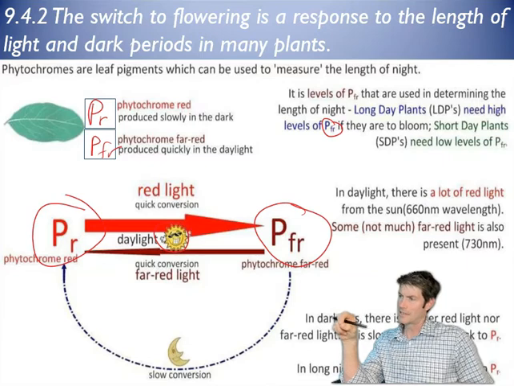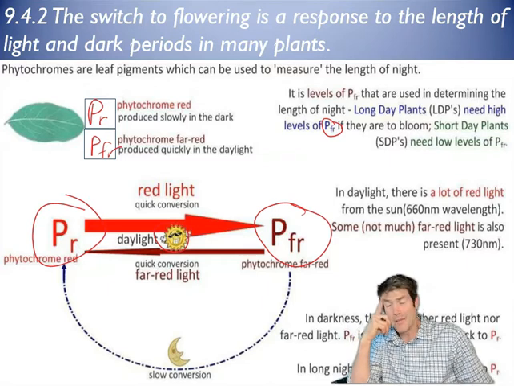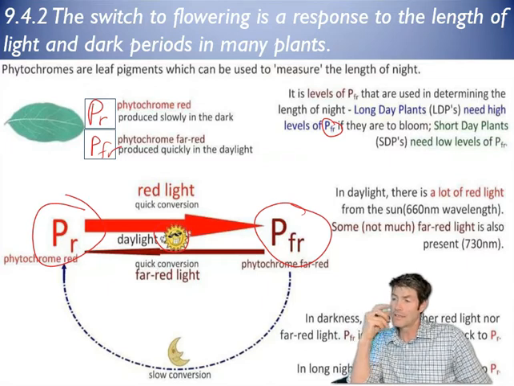Short day plants need low levels of PFR. So all that PFR really kind of turns them off. They don't like PFR. Long day plants, they're waiting. When they get enough PFR, they're good to go. Short day plants, the PFR turns them off. They're like, we're not going to do that.